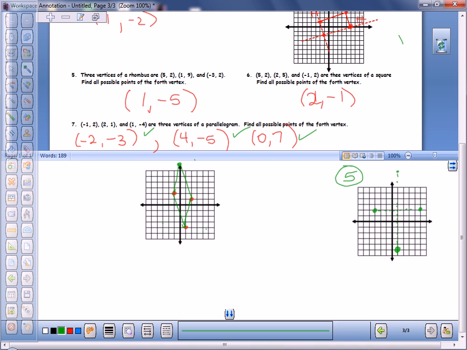So you can choose your groups of 2 or 3, and then I'll come by in just a moment. If there's anyone in here that would rather work by themselves, I'm okay with that, but you certainly don't have to. And we're going to turn this in at the end of class. Now your homework tonight is on the yellow sheet. We've now done 1 and 2. I want you to do 3, 4, and 5.